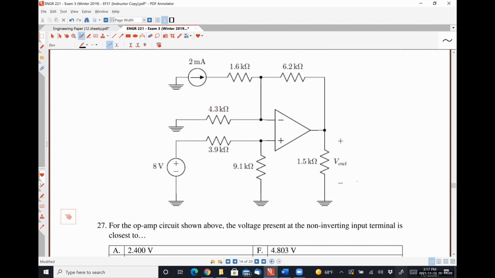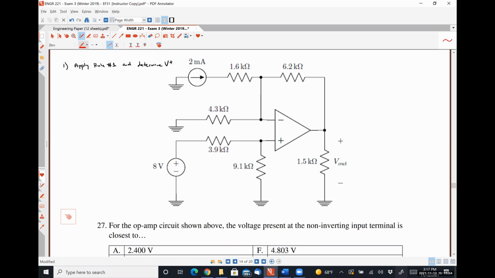Okay, so what is our order of operations for solving an op-amp circuit? We have just a couple of steps, right? Number 1 was apply rule number 1 and determine V plus, where rule number 1 was the one that says no current can flow into or out of the input terminals.